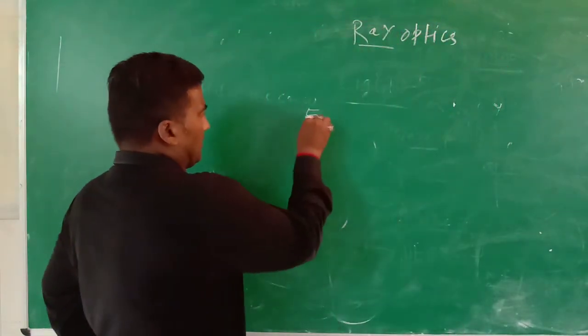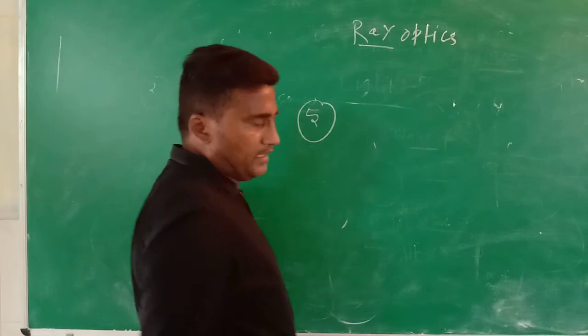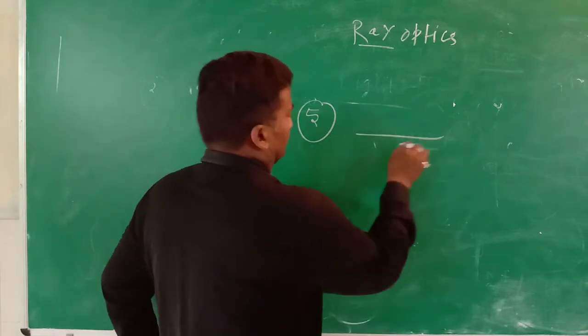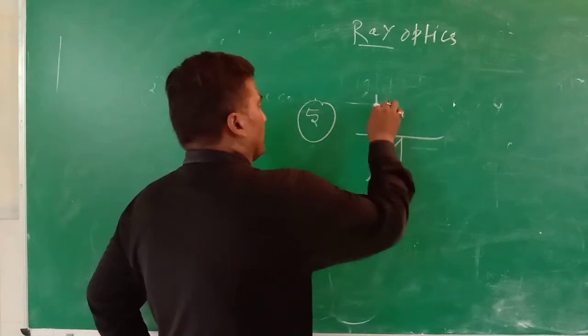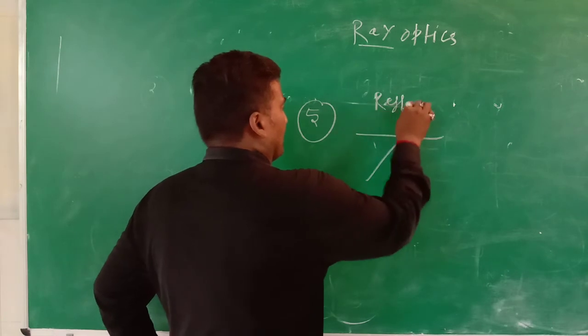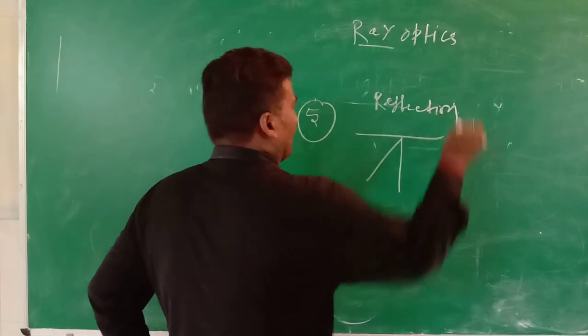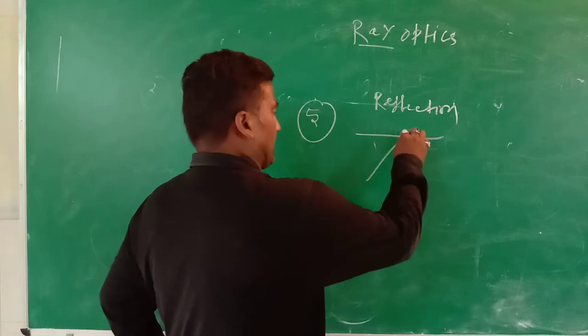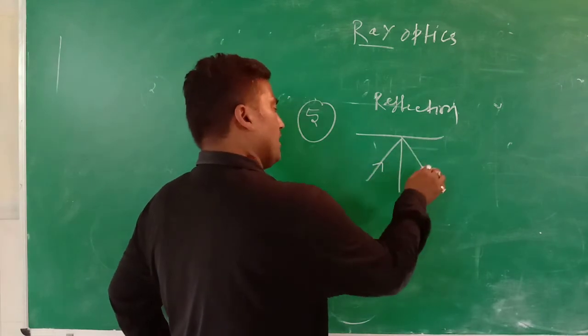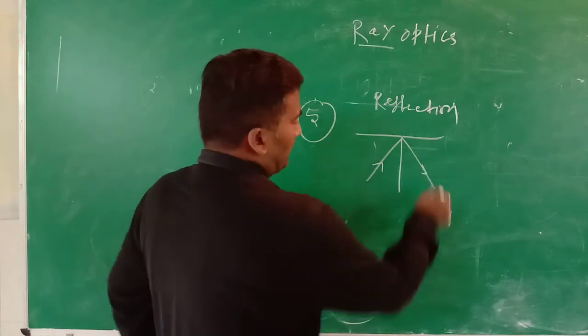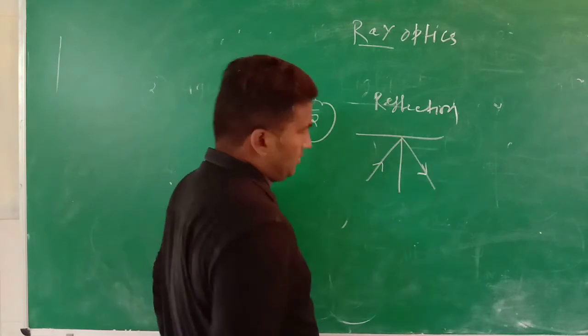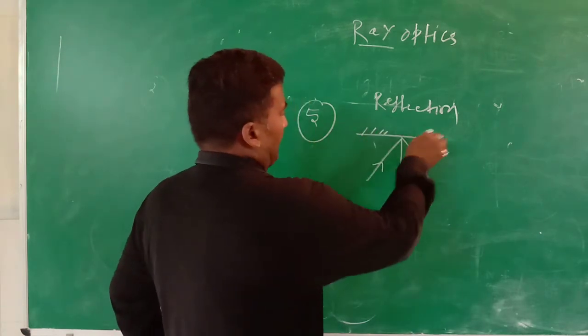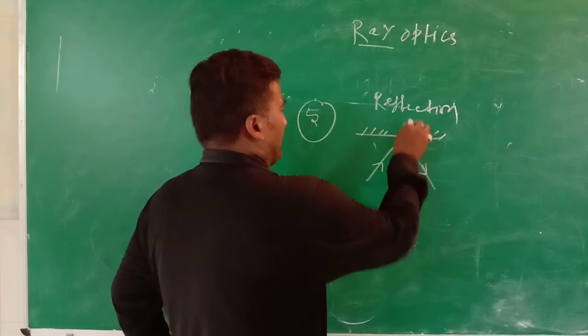Now we discuss another property. Light has reflection. What is the reflection of light? When a ray of light strikes a plane mirror or a smooth surface, then it is reflected.